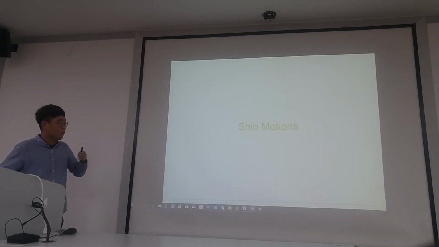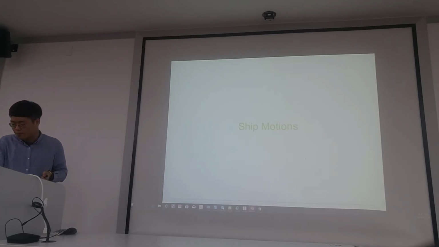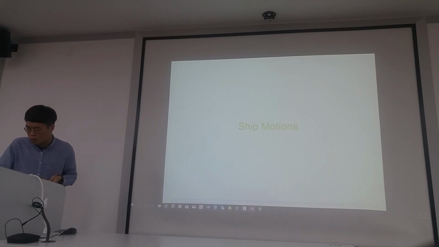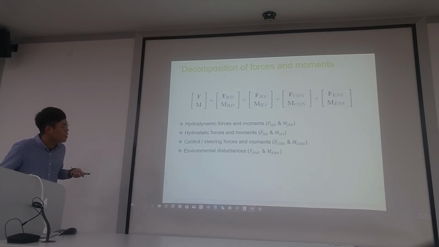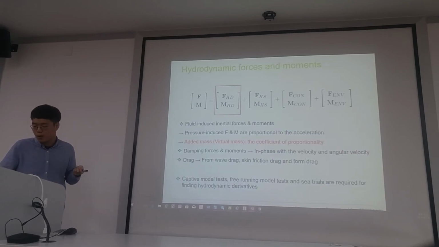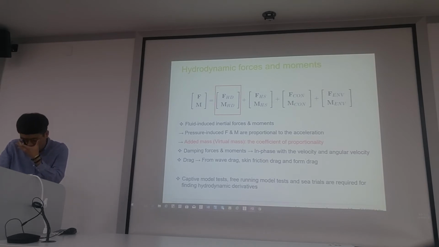So from the principles of dynamics, we can understand ship motions. To analyze ship motions, we usually decompose total external forces and moments into hydrodynamic terms, hydrostatic terms, control terms, and environmental terms. In this lecture, I briefly introduce hydrodynamic terms and control terms. The first one is hydrodynamic terms.